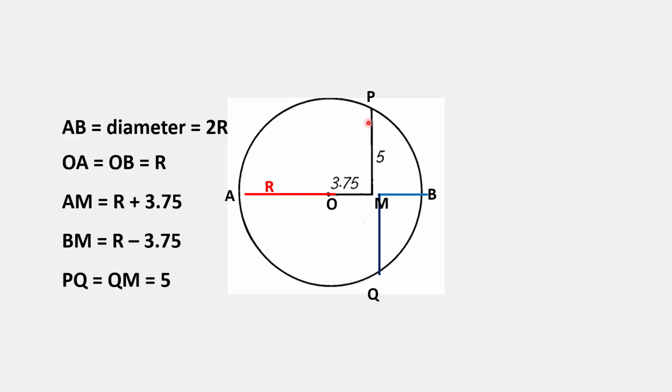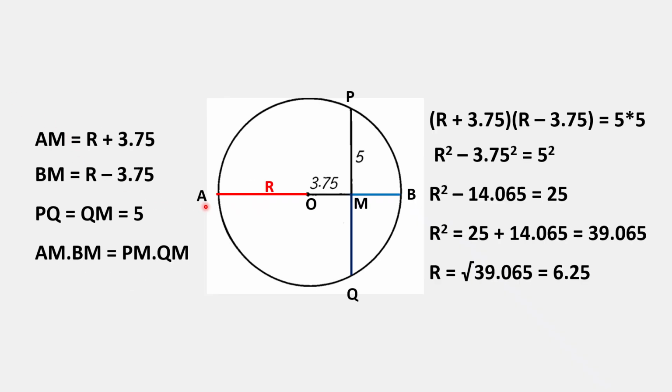The part PM is 5 units. So the part QM, the part below, should also be 5 units, because the horizontal line passes through the center and so bisects the vertical line. So P to M is 5 units, and Q to M is also 5 units.